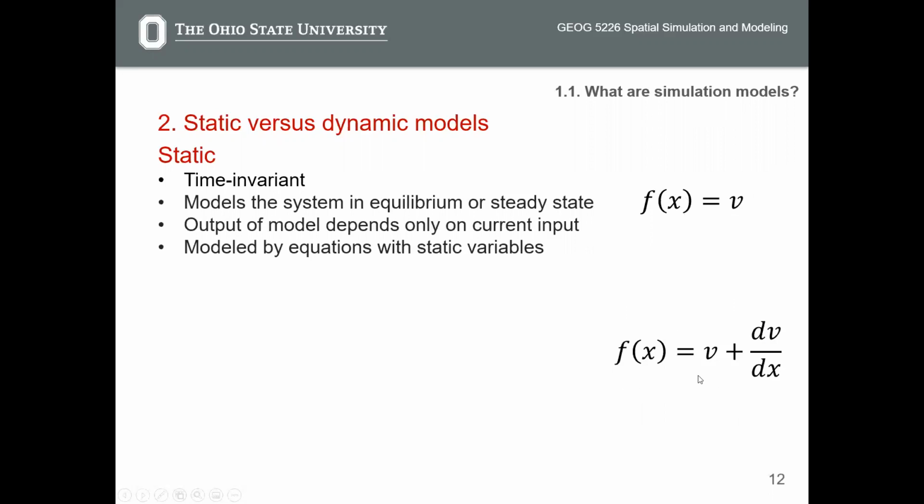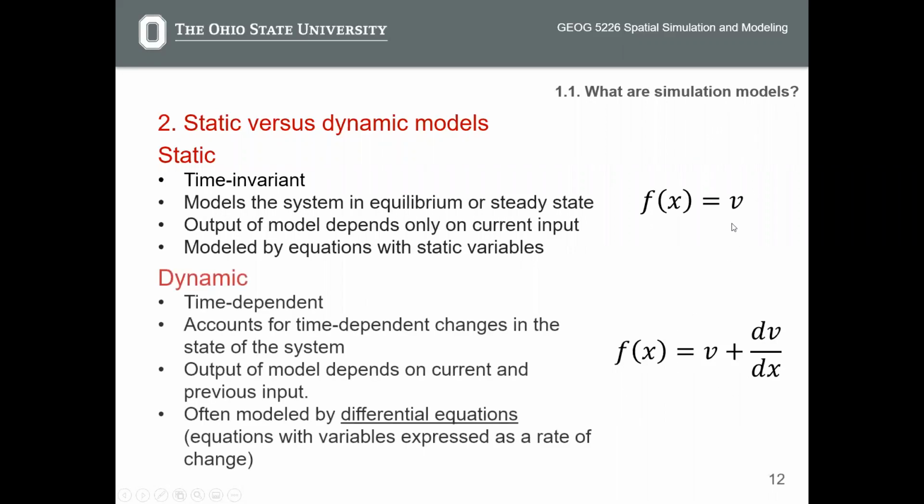So this is a dynamic mathematical model, okay? It's time dependent, accounts for time dependent changes in the state of the system. The system is your car, and when the speed of your car changes, this model should be able to address it. Output of the model depends on current and previous input, right?